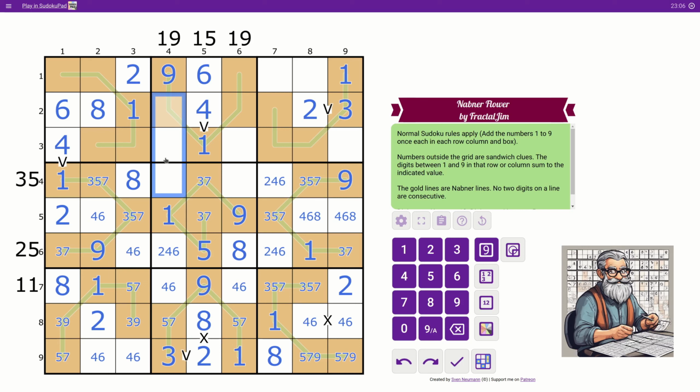Well, this is 5 and 7, so these have to have an 8 again, because they're either an 8 and a 4 or an 8 and a 6. So this is an 8 and this is a 4, 6, which means that this is a 2, because we have a 4, 6 pair now. Okay, and this is a 4, 6 as well then, right, which means that this is a 2.